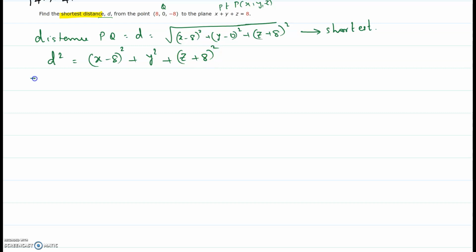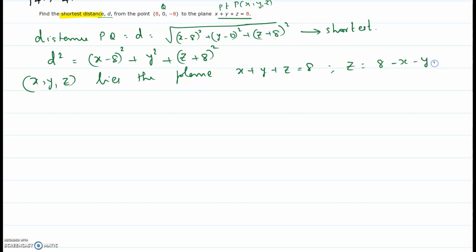Now we know that the point (x, y, z) lies on the plane given by x + y + z = 8. This will give us z in terms of x and y, which is 8 - x - y. So we can consider a function purely in terms of x and y as opposed to a function of three variables.